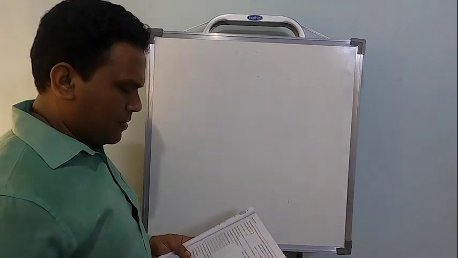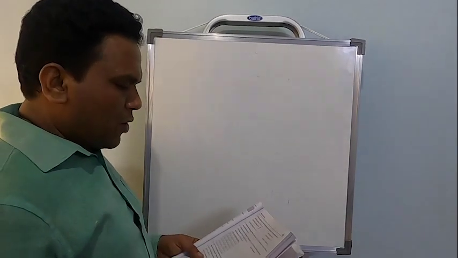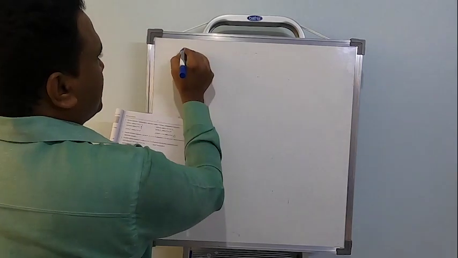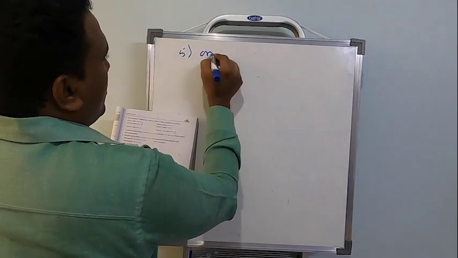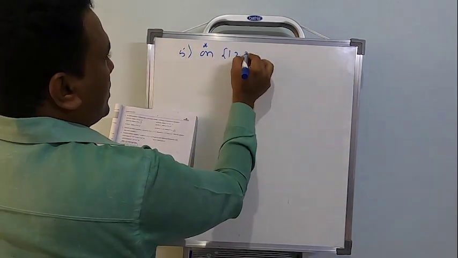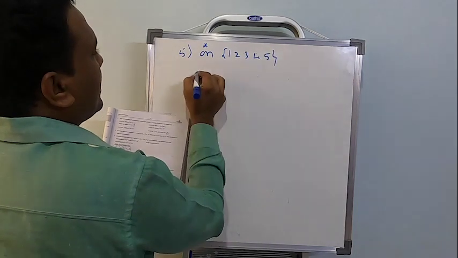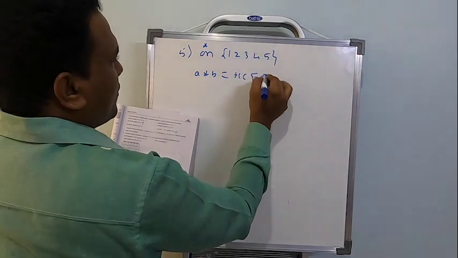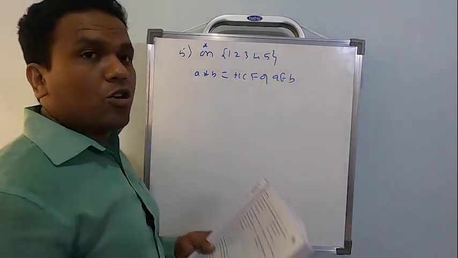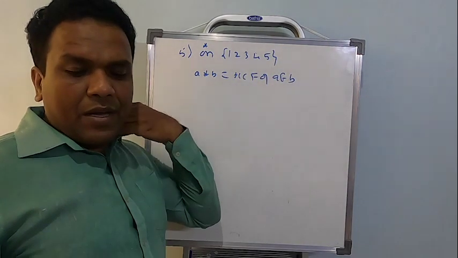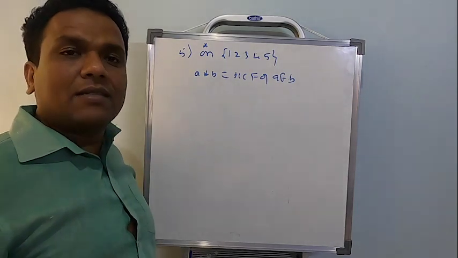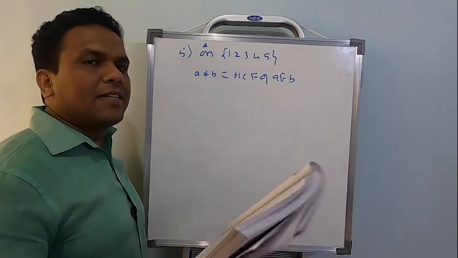Problem number 5 is defined as an operation star on the set 1, 2, 3, 4, 5, defined as A star B equal to HCF of A and B, the highest common factor of A and B. Is the operation star the same as the star defined in example number 4?